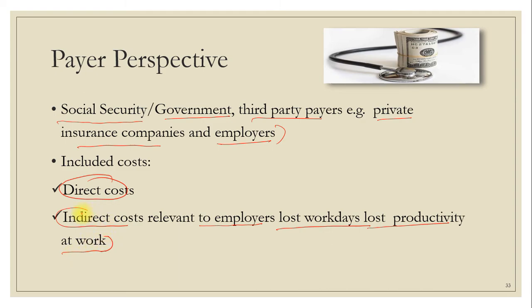Productivity we cannot measure, it is intangible. If you don't go to work for a few days, it is loss of productivity to the employer. We cannot exactly measure how much productivity is lost. That's why it comes under indirect cost.